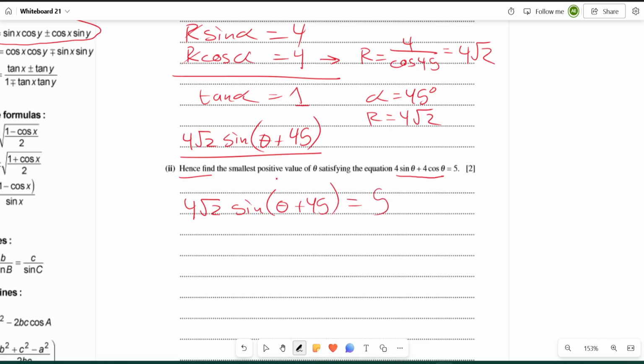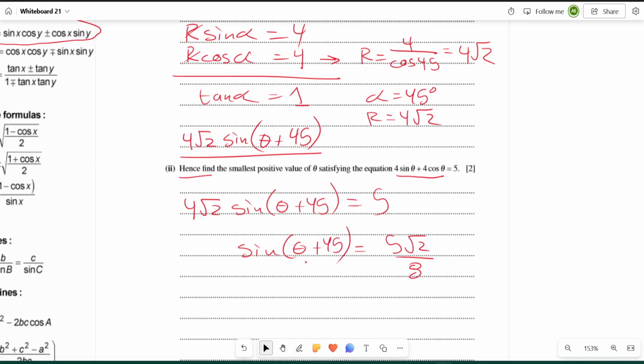Let me try to get the smallest positive value for theta. I'm going to start by dividing 4 root 2 from both sides. So 5 divided by 4 root 2 is going to equal 5 root 2 over 8, and this is equal to sine of theta plus 45.